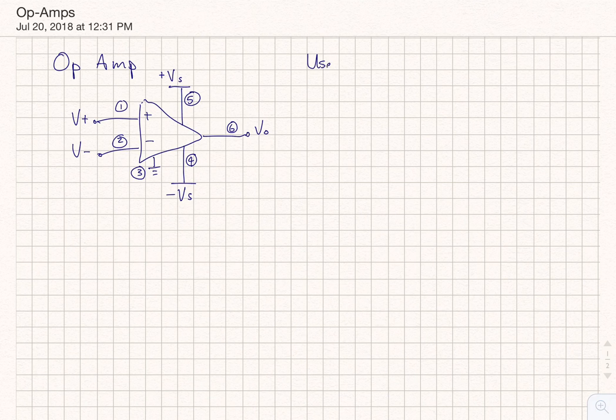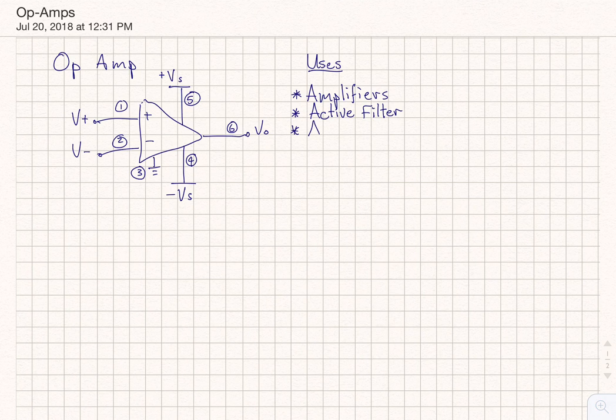Some of the uses for op-amps: the thing that we've been studying in this class is amplifiers, so whatever amplification. And that's probably what we're mostly going to focus on. But they're also used as filters. We call them active filters, and they have active components in them versus a normal filter that has only passive components like capacitors and inductors and so forth.